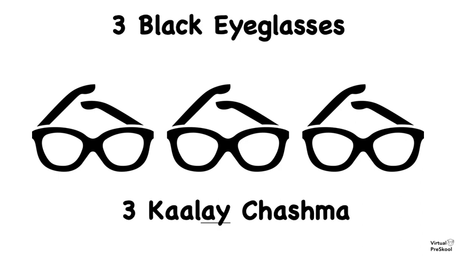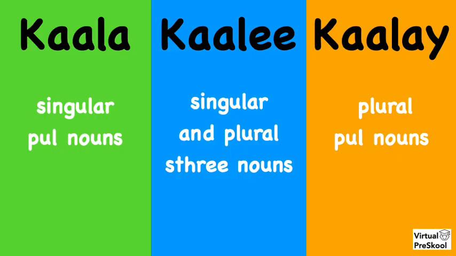Now let's do an example where there is more than one. What if there were 3 pairs of black sunglasses or 3 pairs of black glasses? Then it would be teen kale chashma. Teen kale chashma. So now we use the inflection of plural pull nouns, kale. So let's look at the chart again.